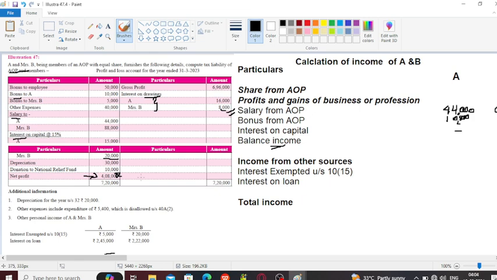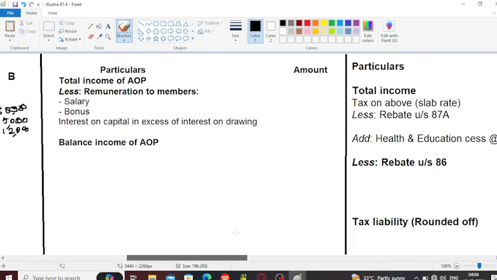We have already calculated the net profit in the previous video, that is 5,82,400. Do you want to see how it was arrived at? Go and check the first video, part 1.